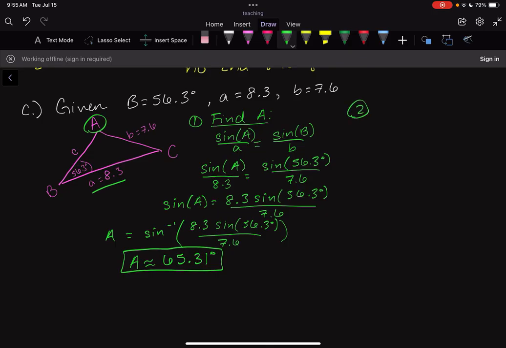Next, I'll go get my last angle. So in this case, that would be angle C. So to do that, I do 180 minus my B that it gave me minus my A. So 180 minus 56.3 minus 65.31.